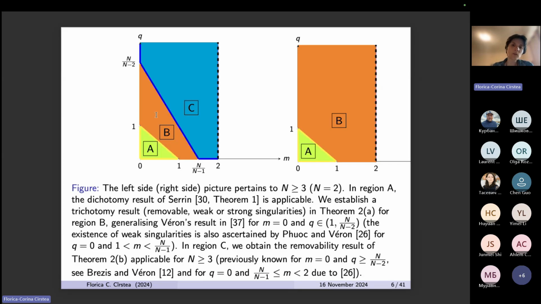And then what was left is everything in between, in the region outside of the axes, the orange region B. That's what we did to complete the picture, to see that yes, we have a trichotomy also in everything in between in the orange region.